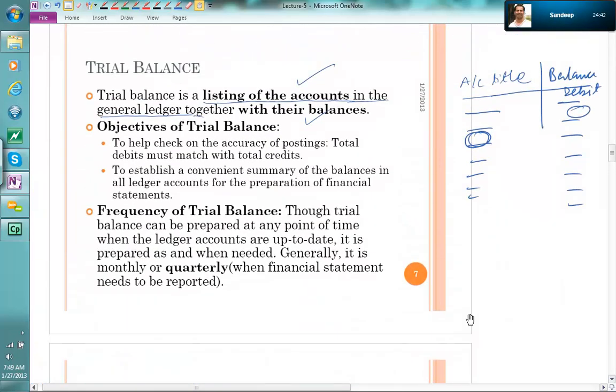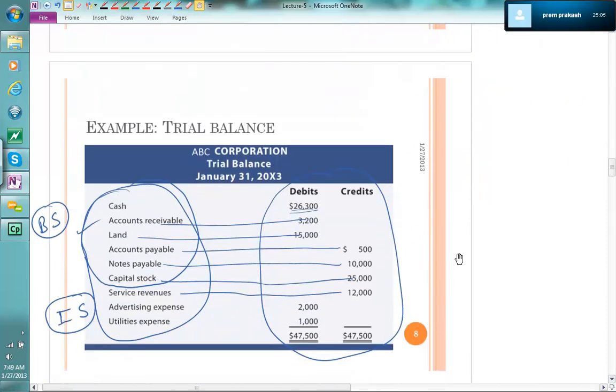So what is the objective of trial balance? At the end of the period, you get all the account titles and their balances. Before you prepare the financial statement, you want to verify whether you have captured all the transactions correctly or not. What will be the problem if all the transactions are not captured? The problem will be that all the debits may not match with the credits.